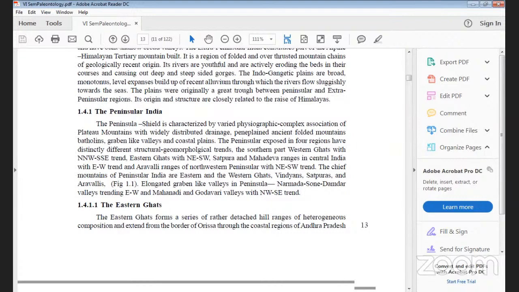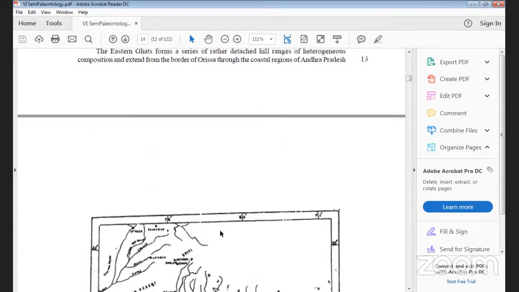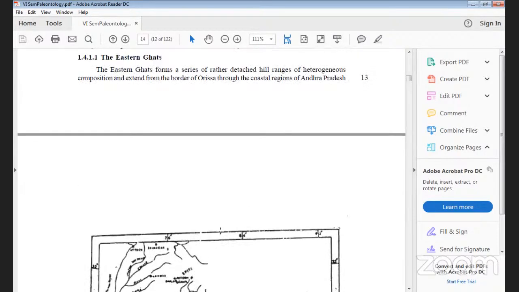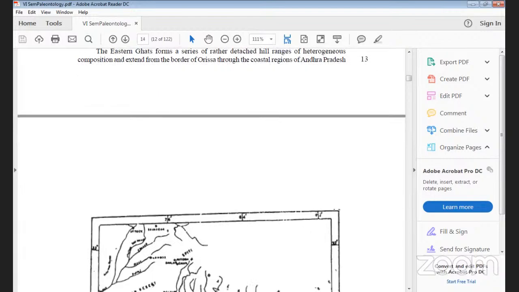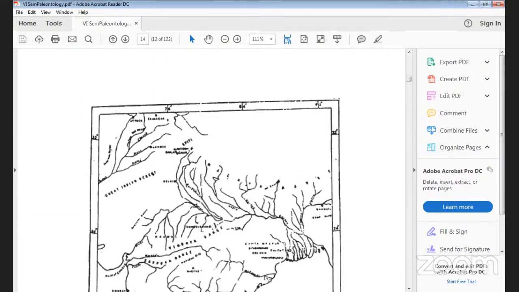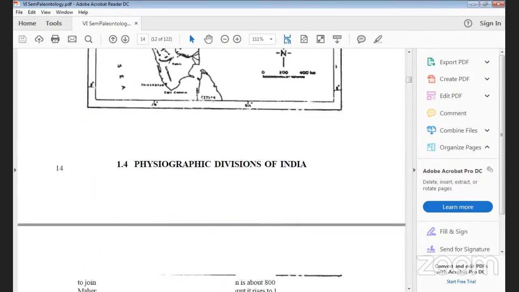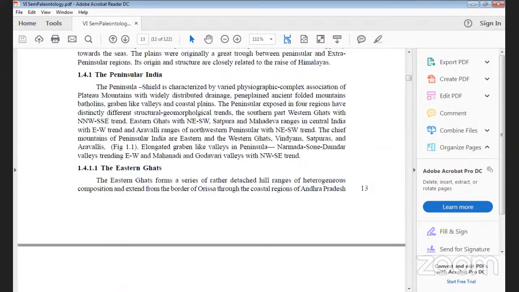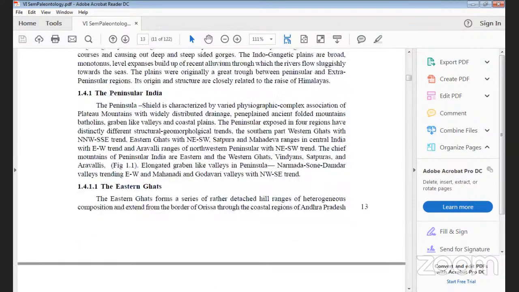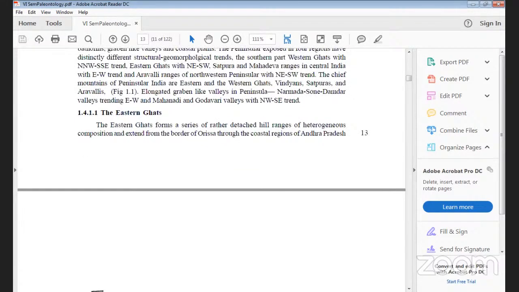There are elongated graben valleys in the peninsula: the Narmada, Son and Damodar valleys trending east-west, and the Mahanadi and Godavari valleys, which flow in northwest-southeast trend. Now the Eastern Ghats.